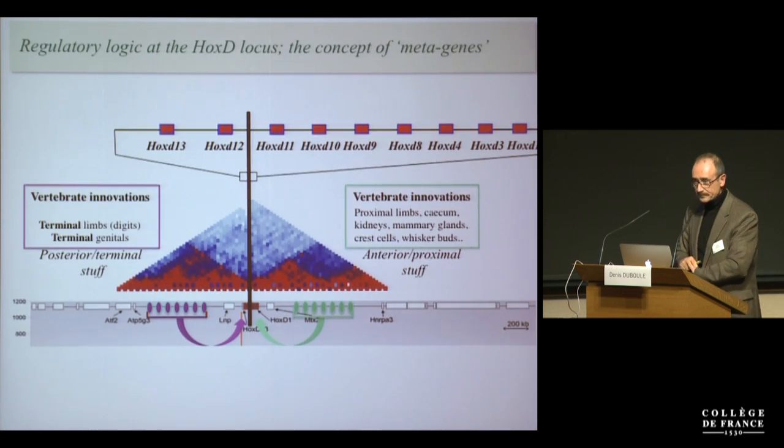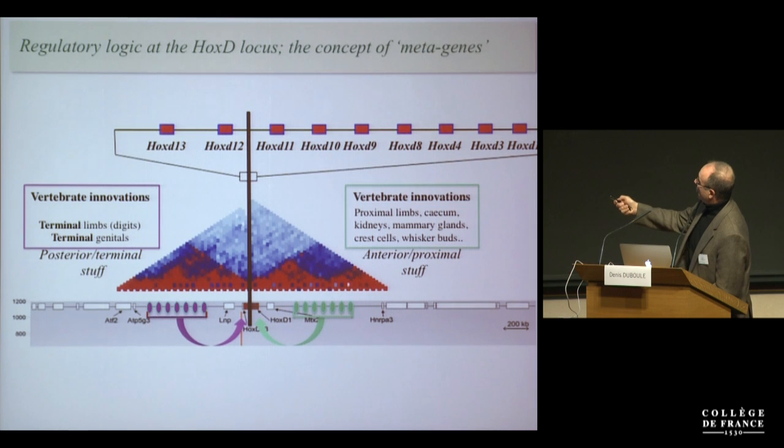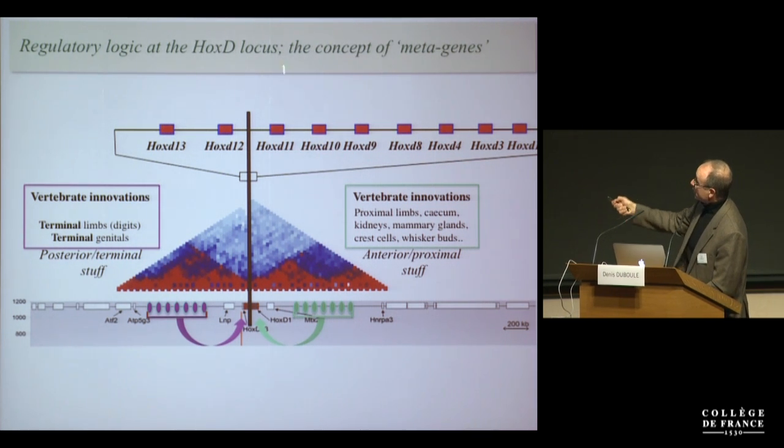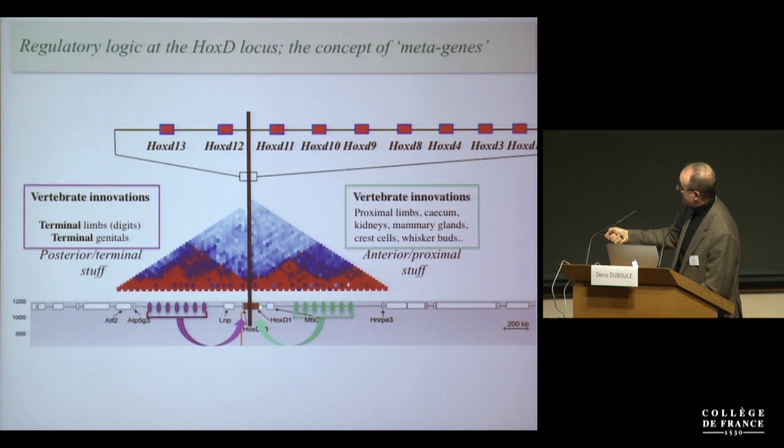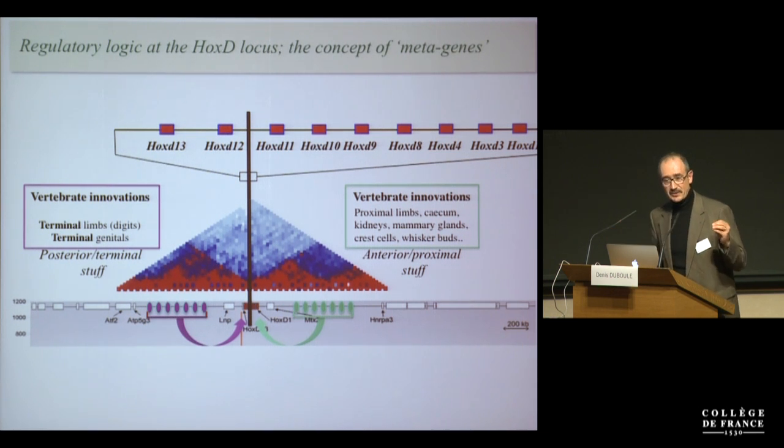Now, let me briefly go to the concept of metagenes. This is the regulatory logic which I just told you about at the HoxD locus. There's this little complex of genes, this cluster of genes here, and you see that all the importance, rather than being given to the gene itself, as it was in the 70s and 80s, which we heard about from Nicole before, is given to these enhancers.